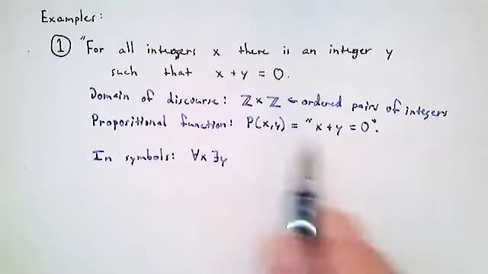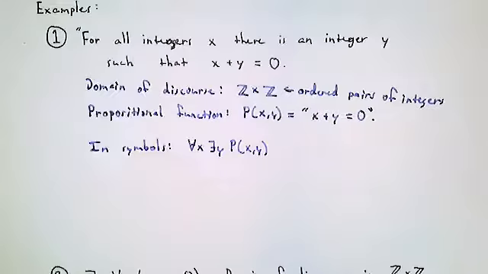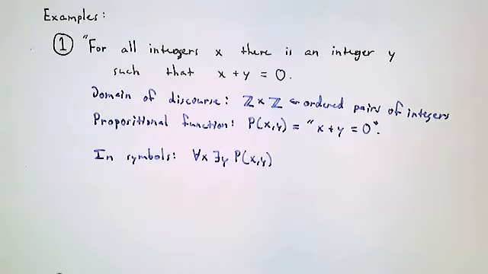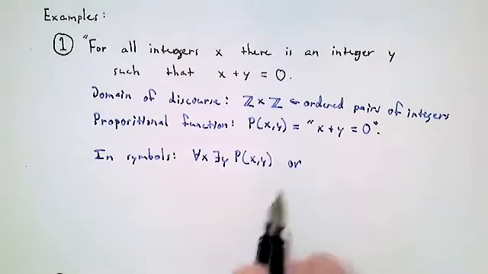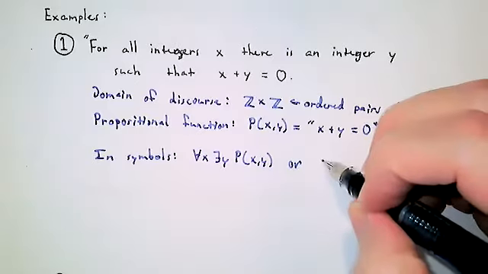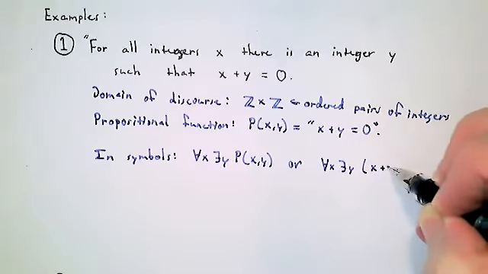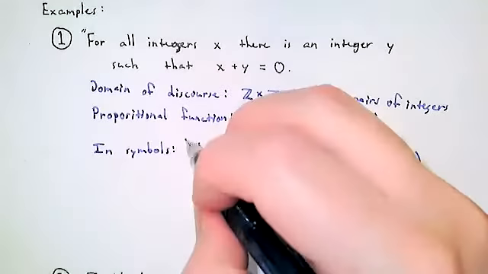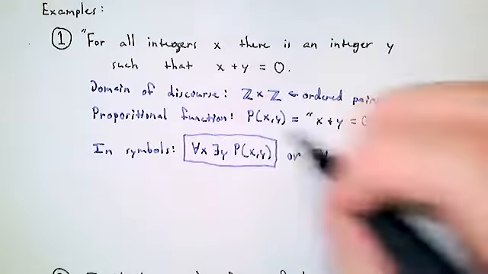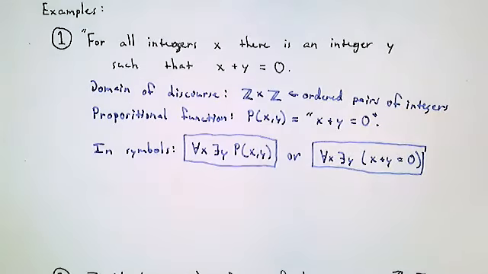And then we can write our propositional function like this. Or if we want to keep the math symbols, we can actually write out the equation. So for all x, there exists a y such that x plus y is equal to 0, like this. Good. So these are the two ways that you could write it symbolically. Maybe there are others, but these are the two that we're going to talk about.